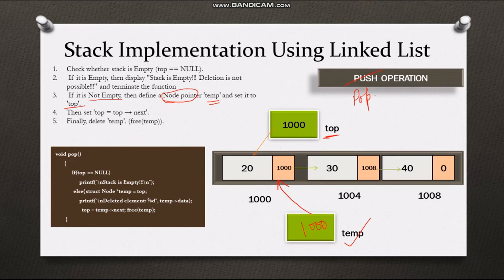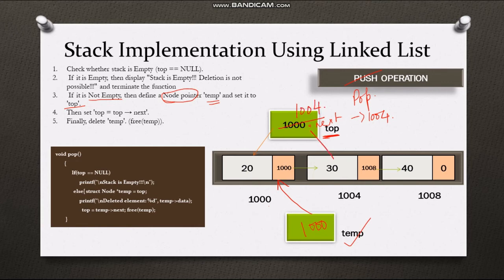Then we will be setting top equals to top's next. That means we are updating the value of top with the next of the earlier top. If the value of top was 1000, then 1000 dot next was 1004. So we would be updating the value of top with 1004.